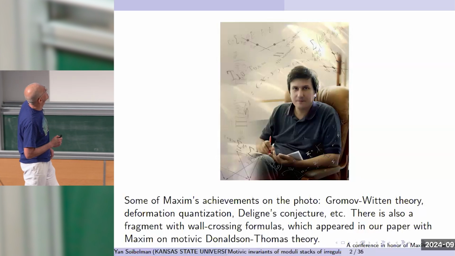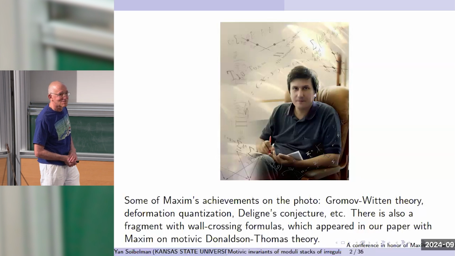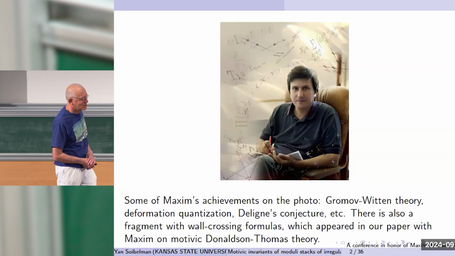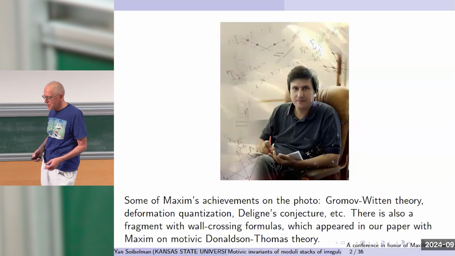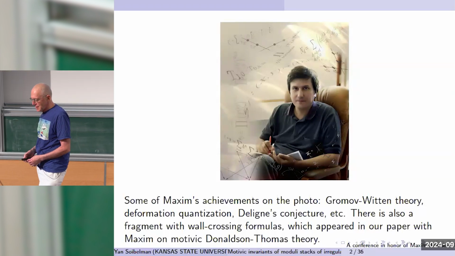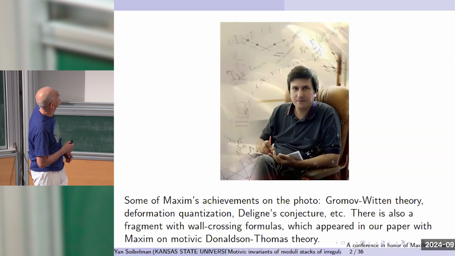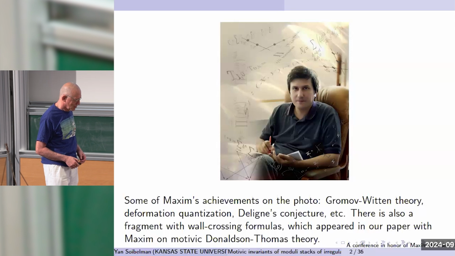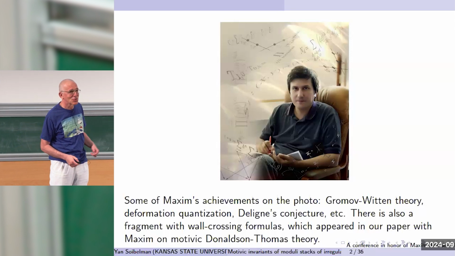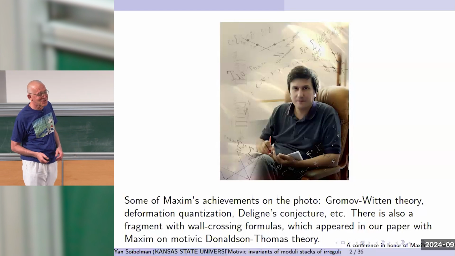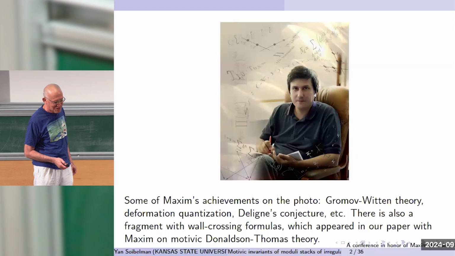And there is a fragment here, which is a wall-crossing formula, which is, of course, a part of our Motivic Donaldson-Thomas theory. And a more advanced formula, this is just the simplest case of rank 2. More advanced is on my t-shirt, so after my talk you can come and see, or just read our paper.